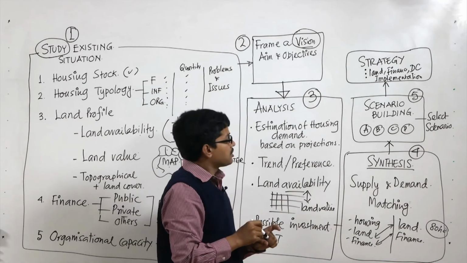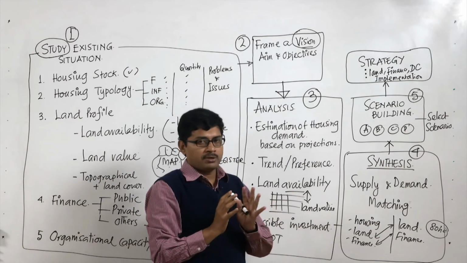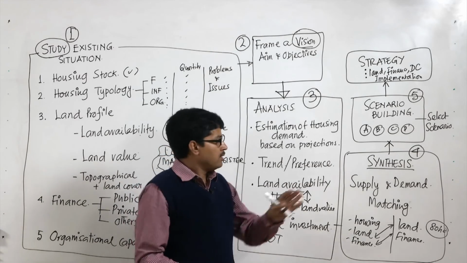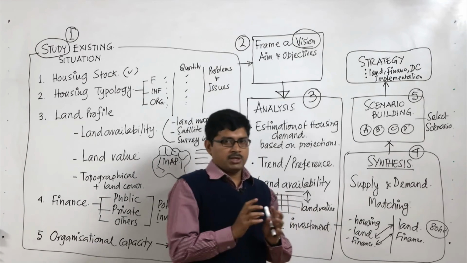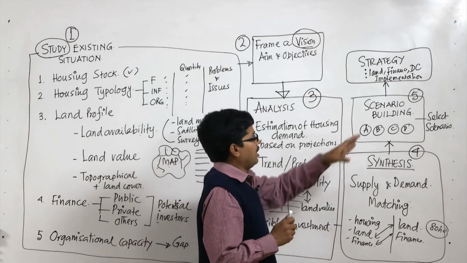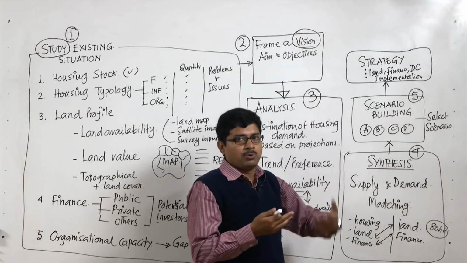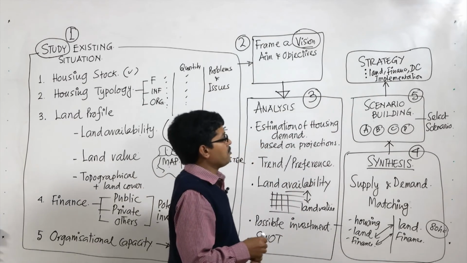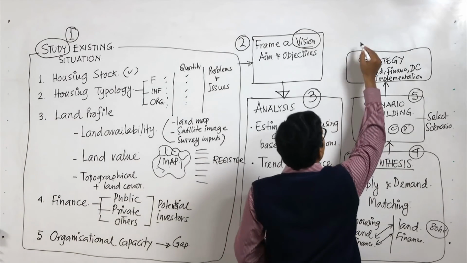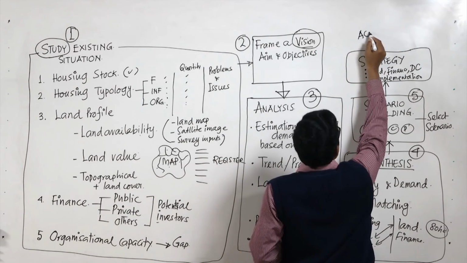The strategy part will tell very clearly what kind of housing typology will be there based on our scenario, how much land will be required, how to mobilize the resources, and what kind of modalities will be there to implement each type of housing typology. And then we make an action plan at the end.